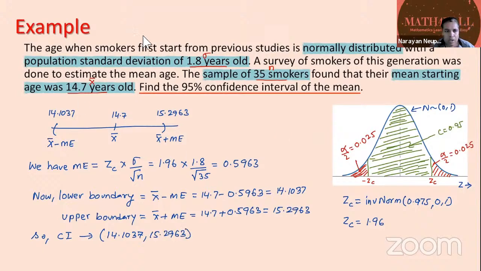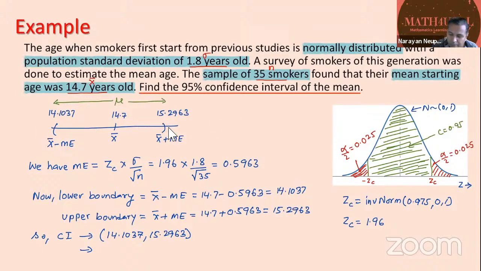So here we have shown the confidence interval on a number line. Here we have written in the form of an interval like that. You can write it like this, or we want to say that the population mean lies between those two values.